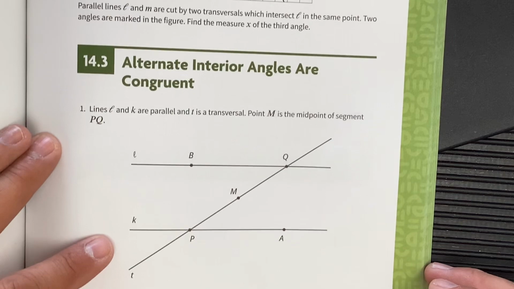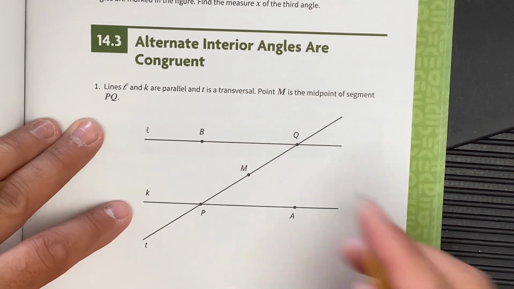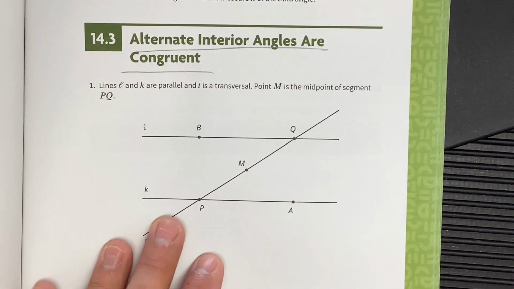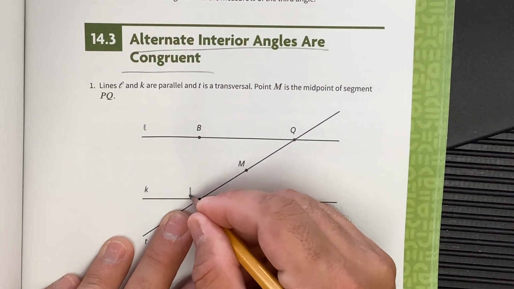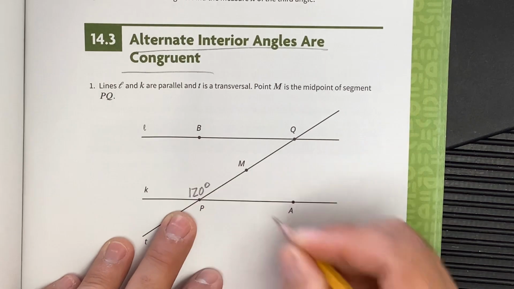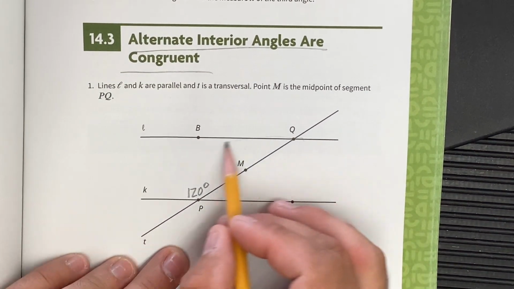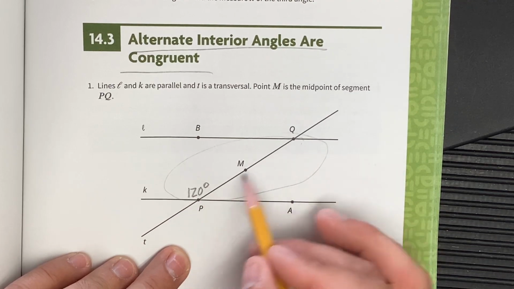Okay, a new term here for you. It says alternate interior angles are congruent. What are alternate interior angles? I'm not going to measure this, but I'm going to say if this is 120 degrees, alternate interior means it's inside of our shape, just on the opposite side.